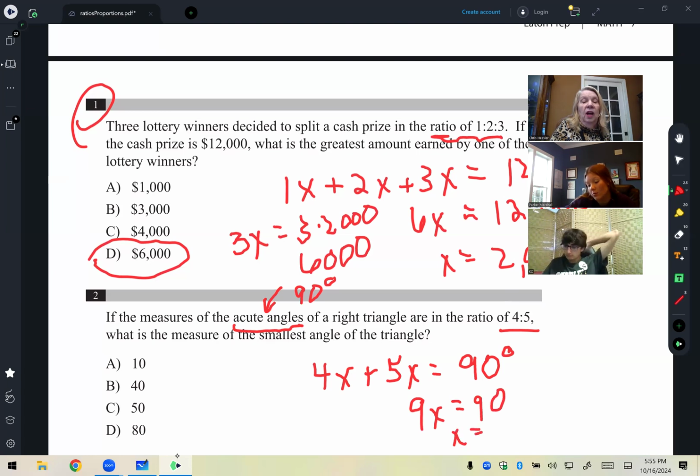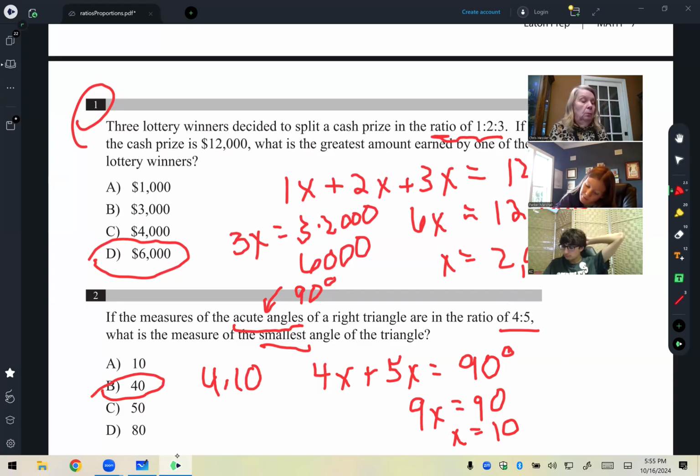So each little x is 10. We want the smallest angle, which will be 4 times 10, or 40. So is that good?